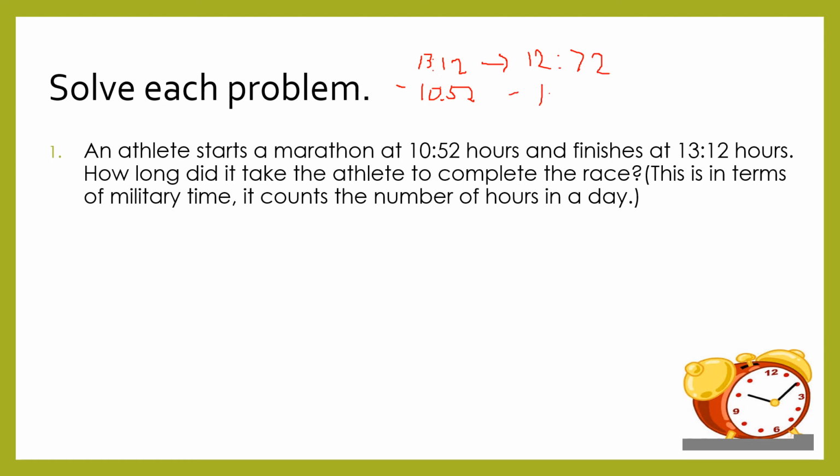Then subtract 10 hours and 52 minutes. So we have 2, 2. So it takes the athlete 2 hours and 20 minutes to finish the race. All right, so 2 hours and 20 minutes to finish the race.